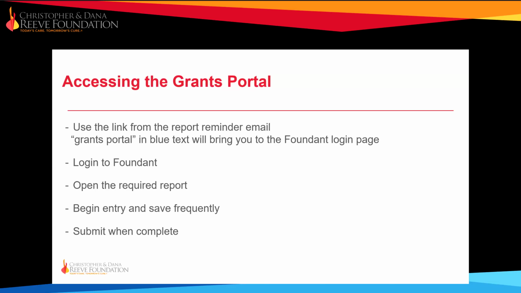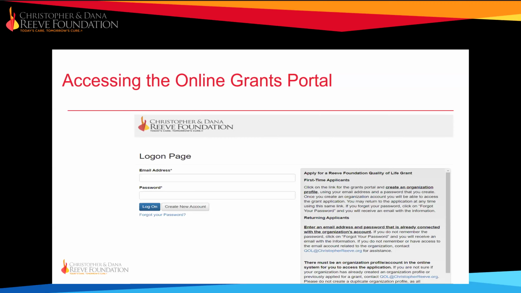Once you log in, you can access your report from your dashboard, fill it out, and submit it. For those who are not familiar, this is what the Foundant screen looks like. On the right-hand side of this page is our contact email if you're having issues logging in.